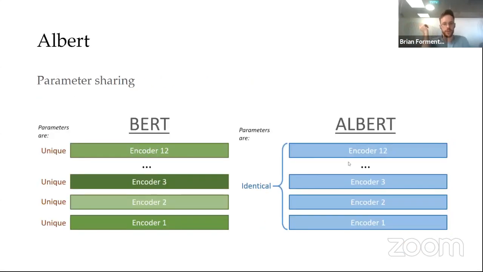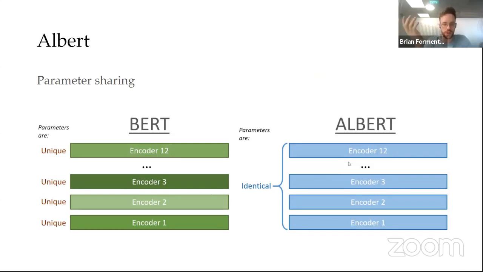I also wanted to briefly talk about ALBERT, which is another type where you're trying to shrink the model in various ways. The paper itself is a bit confusing, but they do 3 types of things to shrink the model and improve the performance. One of them is quite counterintuitive.